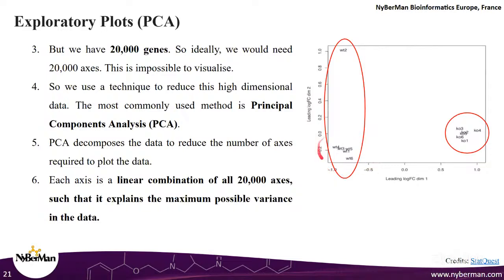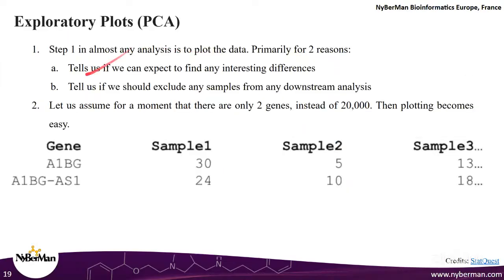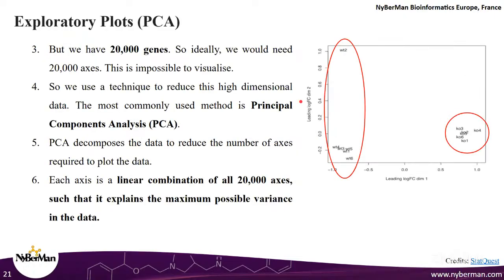This is where most of your wild types are, so you can be fairly sure this is the correct region for the wild types in your plot. If one of your samples is so much farther away from the rest, that likely means it is an outlier. So this serves the second purpose that we talked about: it tells us if we should exclude any samples from our downstream analysis. When I perform any downstream analysis, I would consider excluding WT2. I would consider not using it anymore.